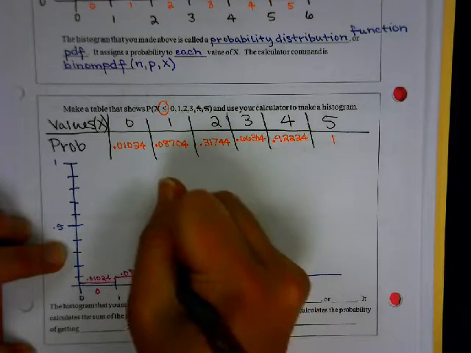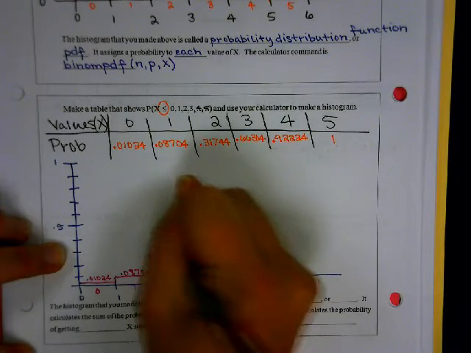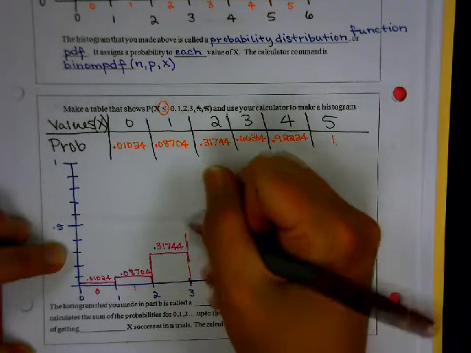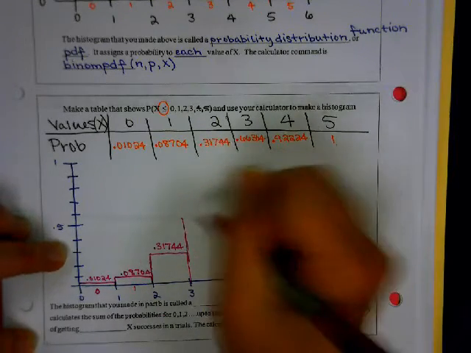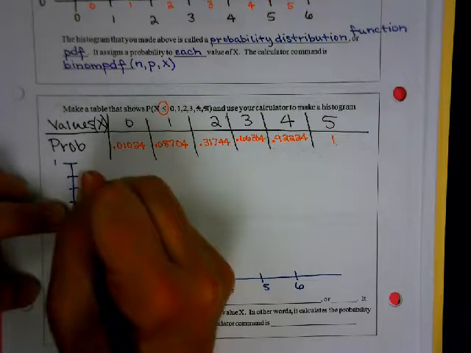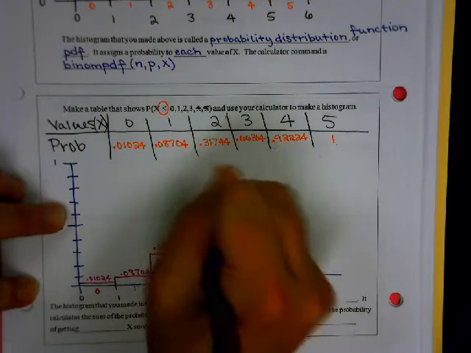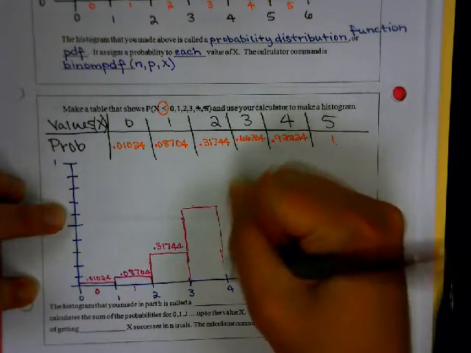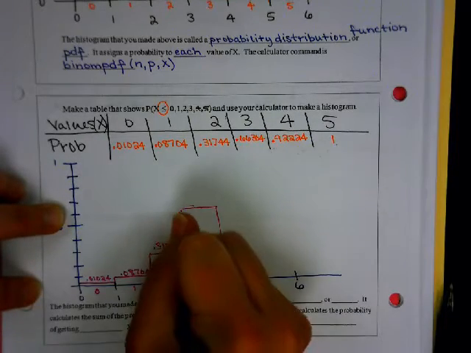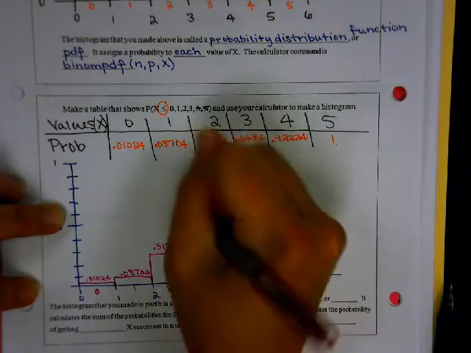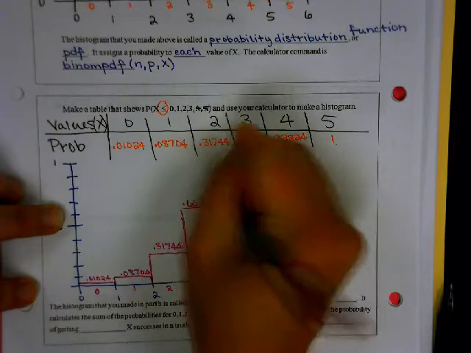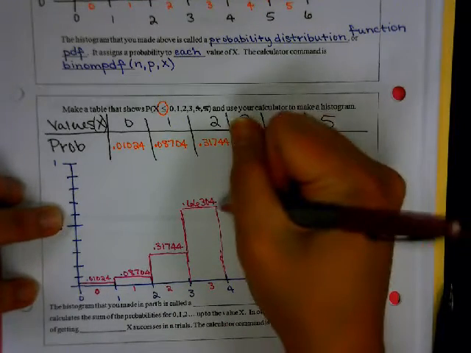And then another big jump up to 0.66304. And then 4. My bars are leaning again, aren't they?